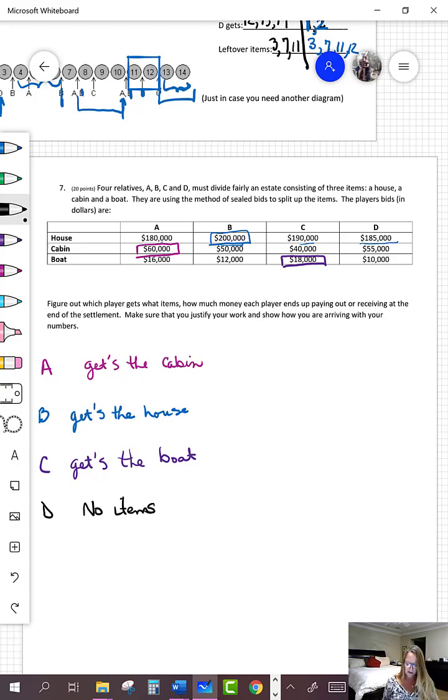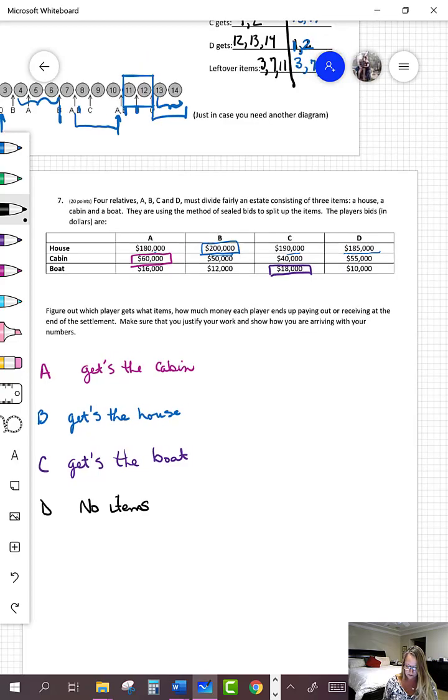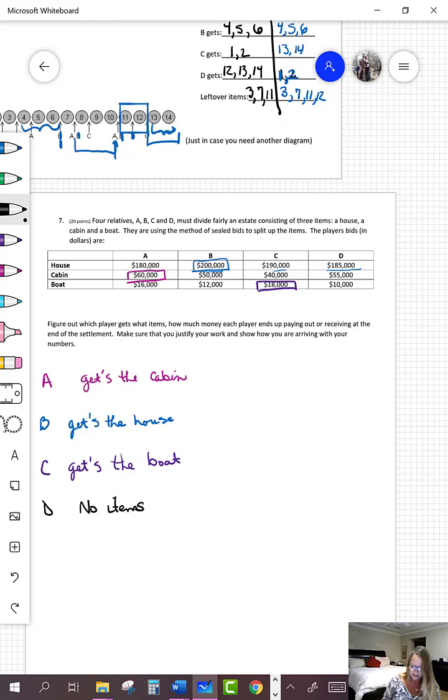So we need to go through and figure out what all 3 items were worth to each player. If we do a total of all 3 items, player A believes that all of the items that she bid for were worth $256,000. So her fair share amount is 256,000 divided by how many players there are, which is 4.